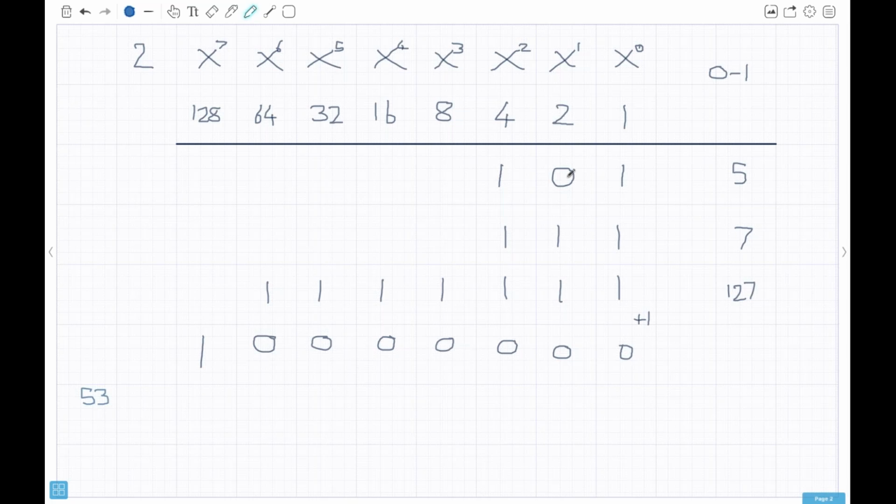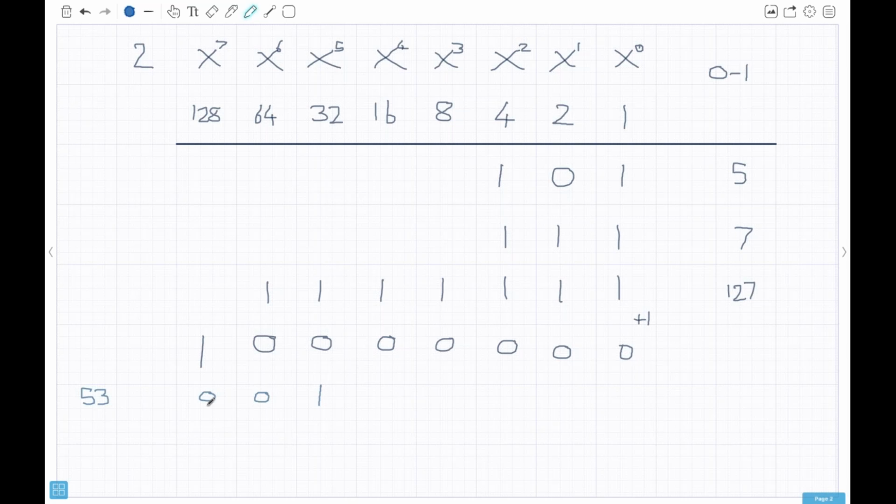So you go along from the right until you come to the next number that's smaller than the number. So here you can see 32 is smaller than 53, 64 is larger. So, I want 1 32, please. I want 0 128s. I want 0 64s. I want 1 32.